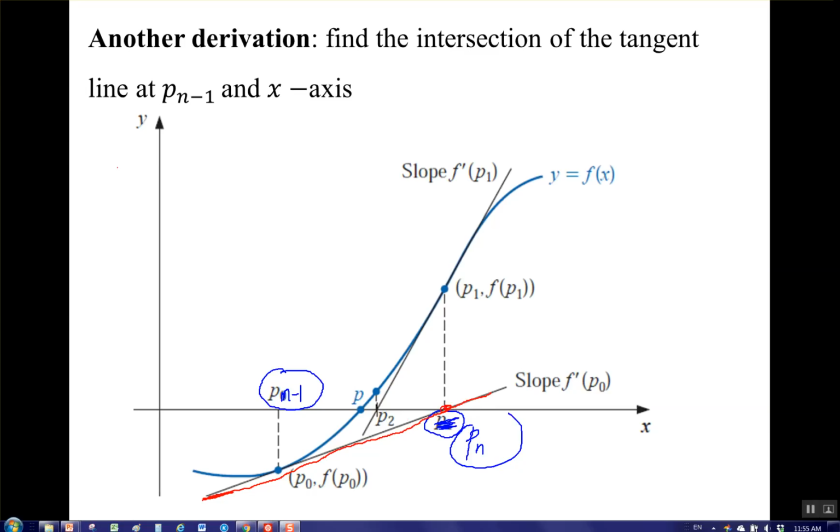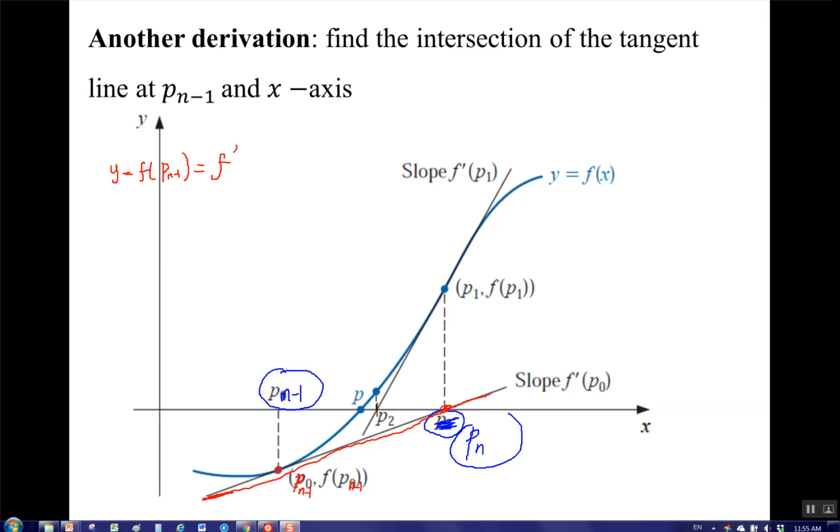So let's do that. The equation is y minus f of p sub n minus 1, using point slope form. What is this point? It is p sub n minus 1, f of p sub n minus 1. So y minus its y equals the slope.